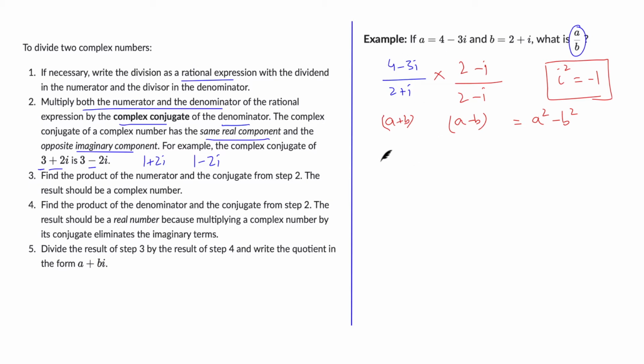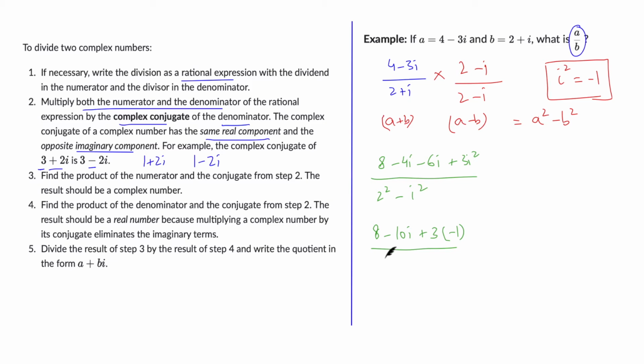So 4 into 2 is 8. Then we have 4 into minus i is minus 4i. Then we have minus 6i plus 3i squared over a squared minus b squared, which is basically 2 squared minus i squared. Let's do the math. We have 8 minus 10i plus 3, replace i squared with minus 1. Please remember this.